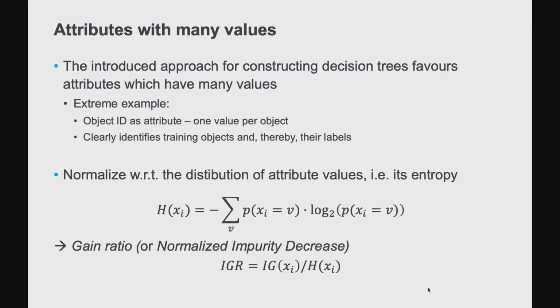One simple consideration is to normalize with regard to the entropy of the values of our attribute. The idea is that if we have a very broad fan out, if we have very many different attribute values, then we will achieve a very high entropy.